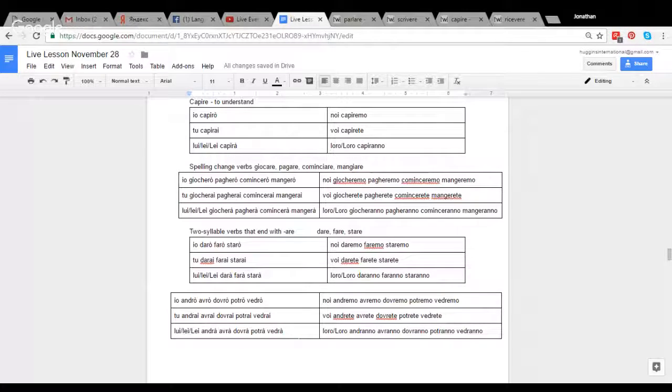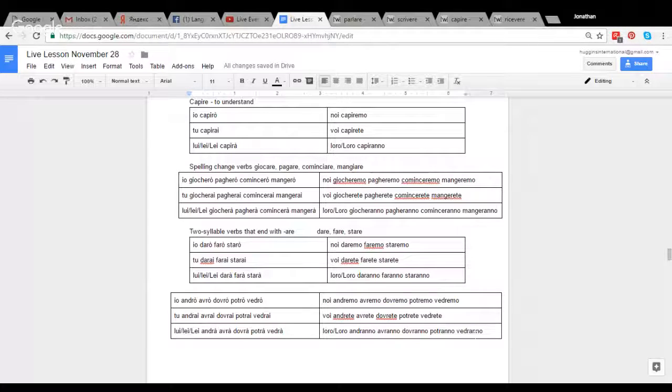And in the noi form, andremo, avremo, dovremo, potremo, vedremo, verremo, vorremo. In the voi form, andrete, avrete, dovrete, potrete, vedrete, verrete, vorrete. And for the loro form, andranno, avranno, dovranno, potranno, vedranno, verranno, vorranno.